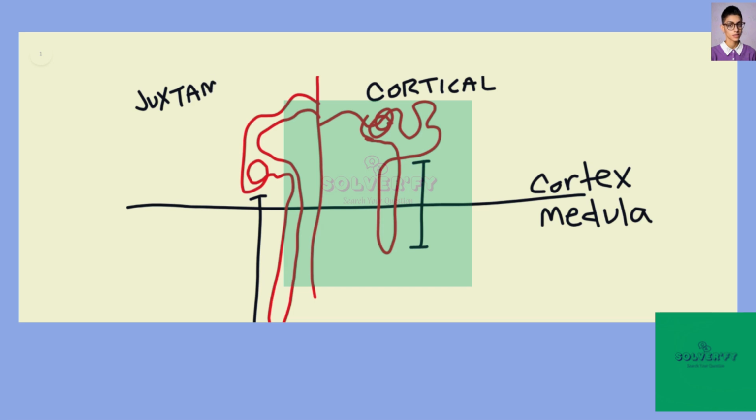So it's the juxtamedullary. It's a mouthful, and in this loop here, this is our loop of Henle, okay?